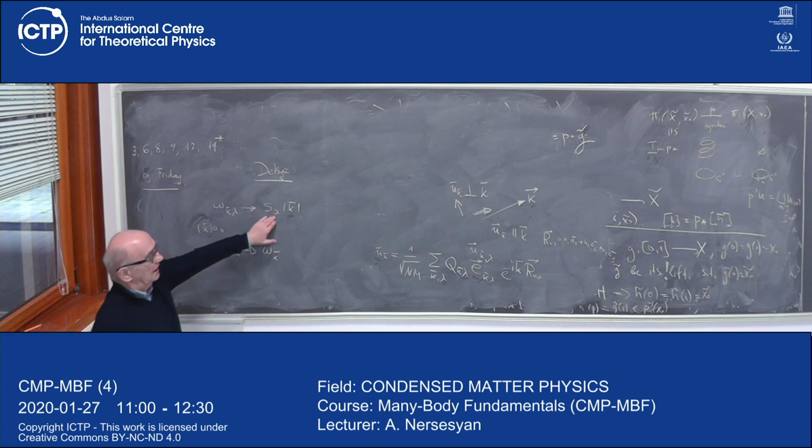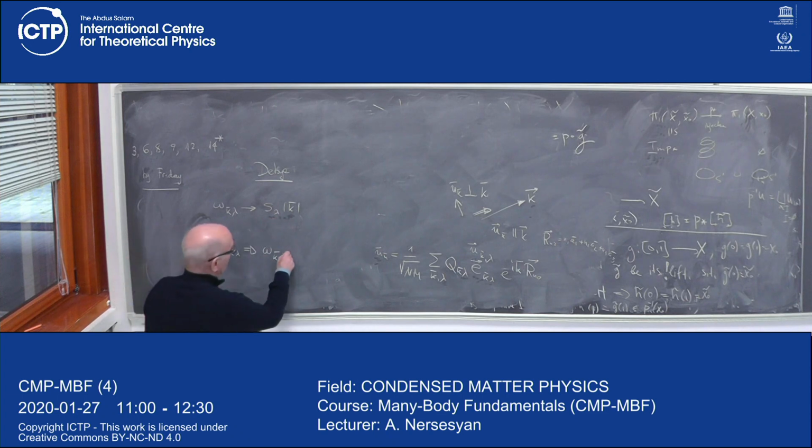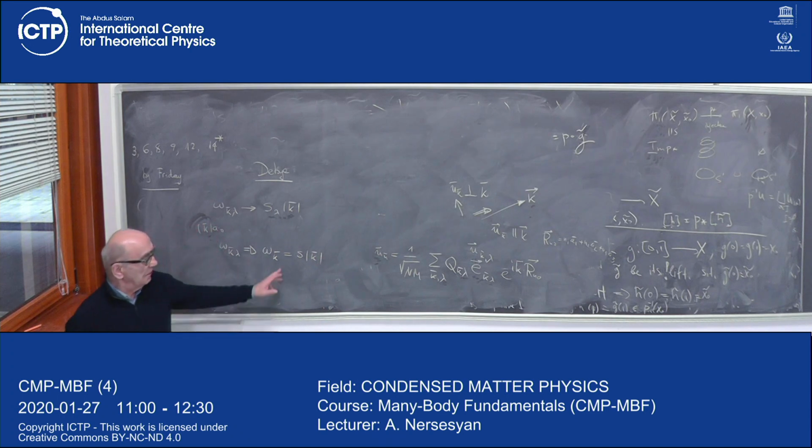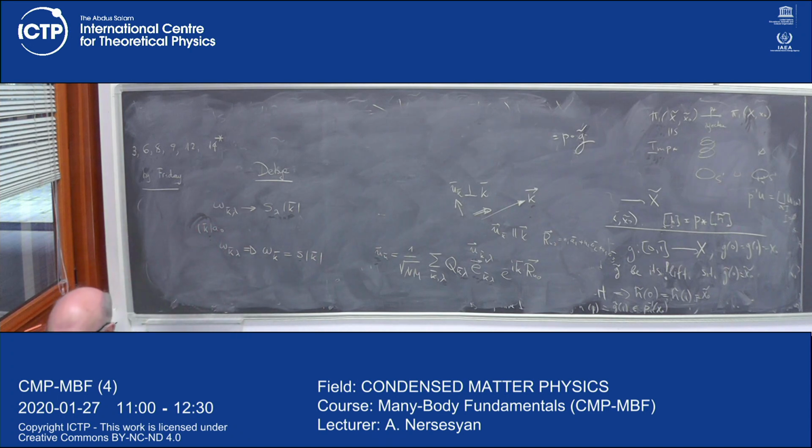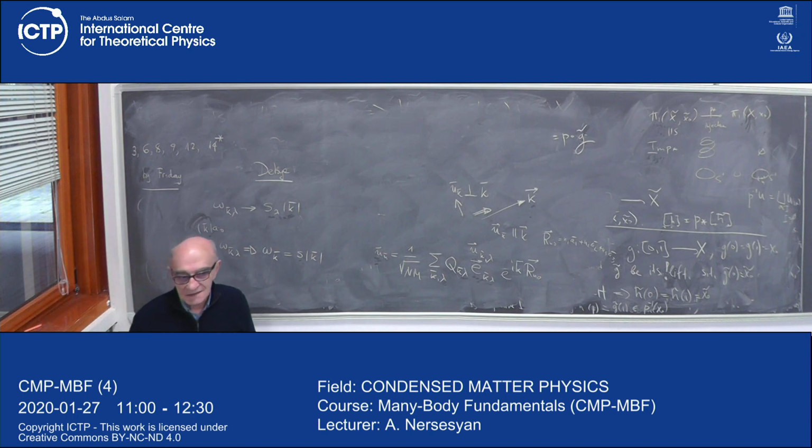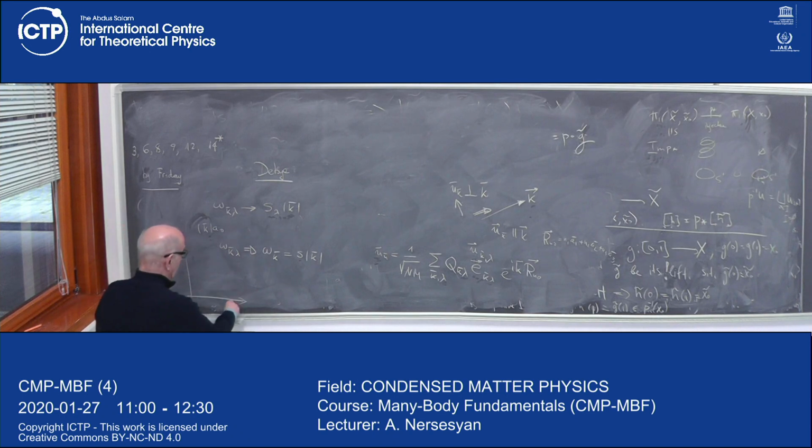In other words, at long waves, we have only one sound velocity, s, independent of the polarization. The same velocity for all 3 polarizations. Of course, it's a model assumption. A simplifying mathematical trick, maybe not too exact, maybe rough, but it works. You'll see. But it's not the end of what he did, actually.